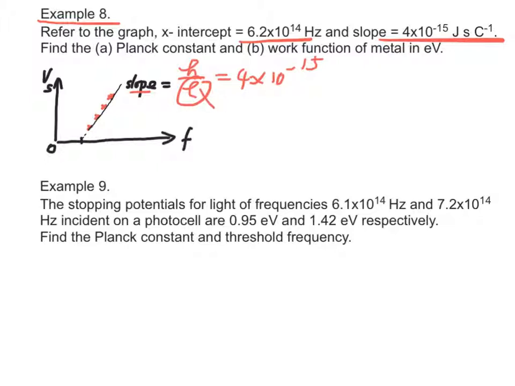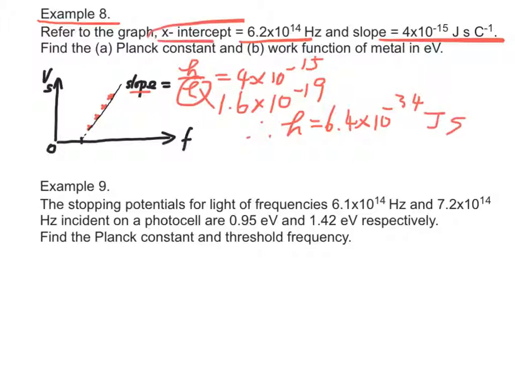Since electronic charge e is 1.6 times 10 to the power negative 19, we have Planck's constant equal to 6.4 times 10 to the power negative 34 joule second. Since the x-intercept is equal to the threshold frequency, the threshold frequency is equal to 6.2 times 10 to the power 14 Hz.